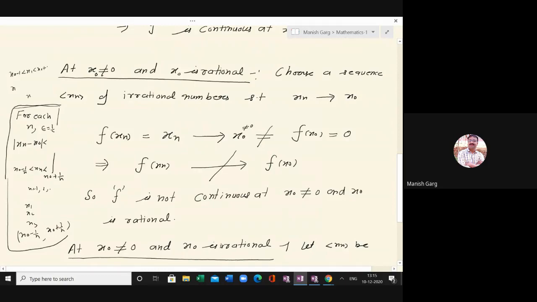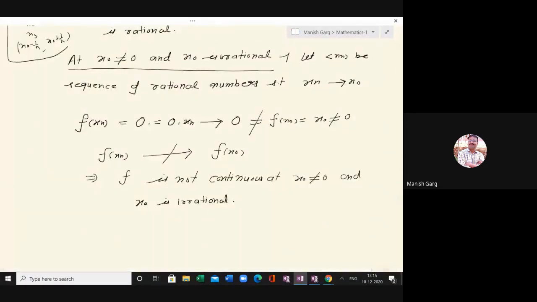Another x2, between x naught minus 1 and x naught plus 1 you can choose. So in this way you can get the sequence. We know between any two real numbers you will always get an irrational number. Actually there are infinitely many. So this type of sequence will exist.